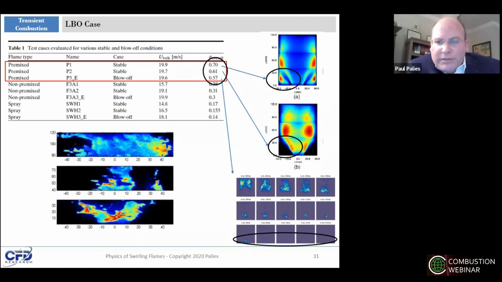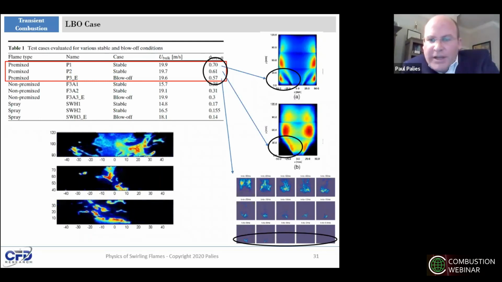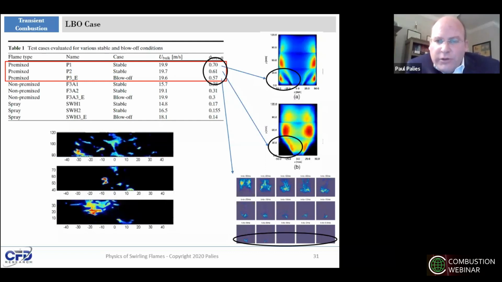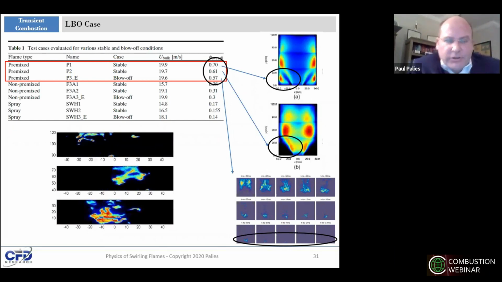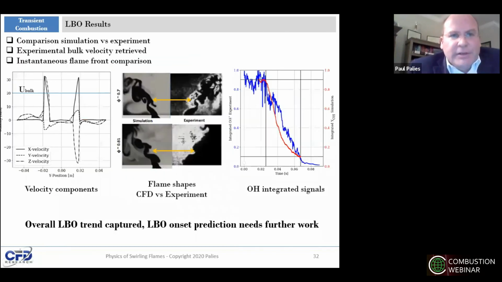It's also important to emphasize that while there was no reaction in the 0.61 case in the corner recirculation zone, you can still have OH there. It's just not OH star. Then you see the sequence of lean blowout where the OH star goes to zero. That does not mean there is no OH.